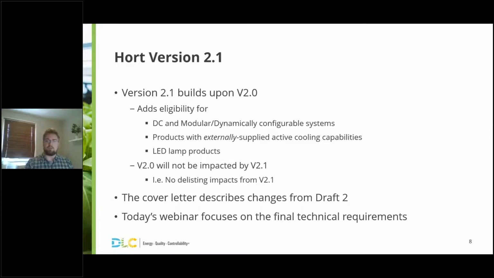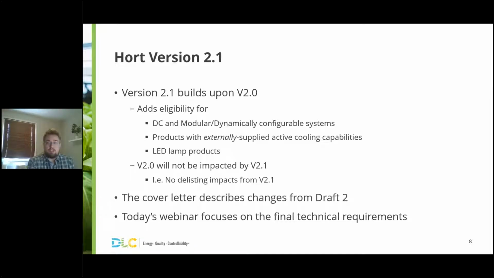And our goal with version 2.1 is that by adding more product types, we hope that we will accelerate the industry's adoption of LEDs, essentially yielding greater energy savings and more efficient practices in controlled environment agriculture.